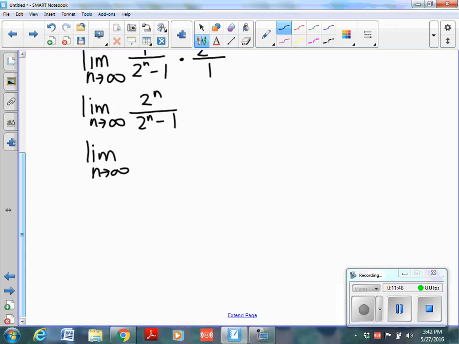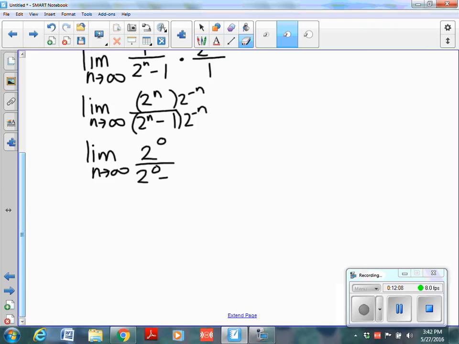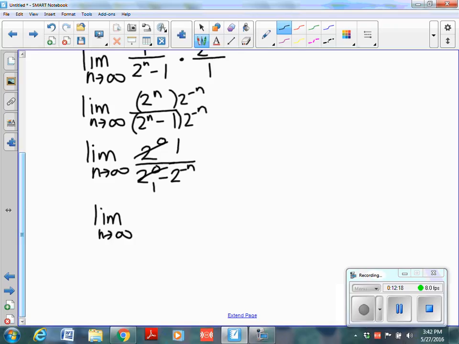I'm going to multiply the top and the bottom by 2 to the negative n, which will make 2 to the 0 up there, and this one's going to make 2 to the 0 minus 2 to the 0 times 2 to the negative n, which turns out to be 1 over 1 minus 2 to the negative n.